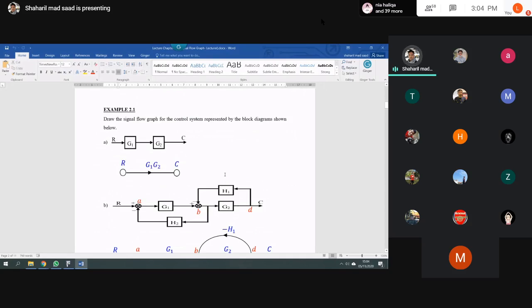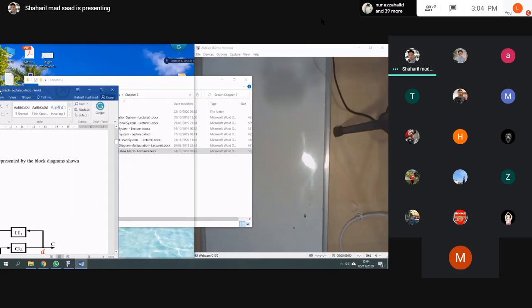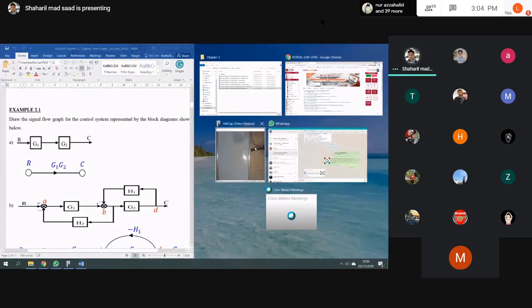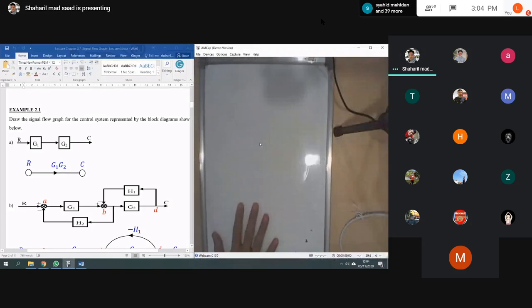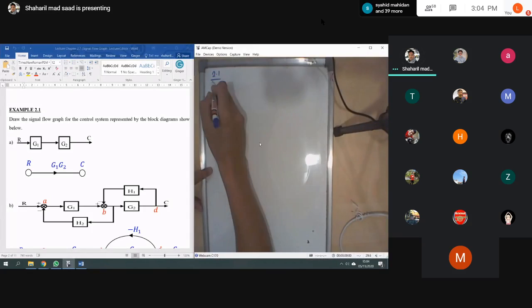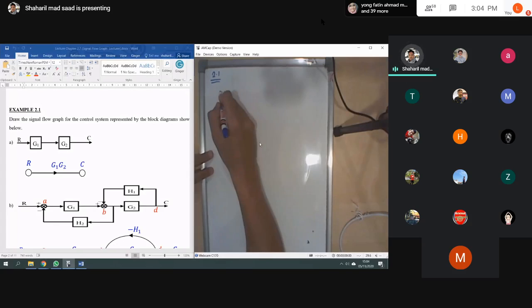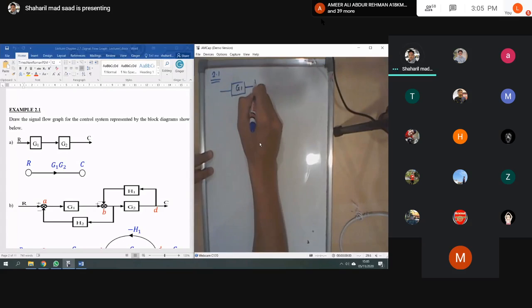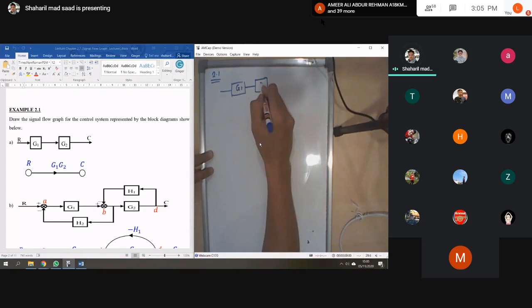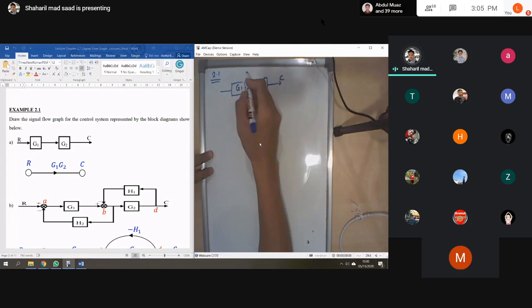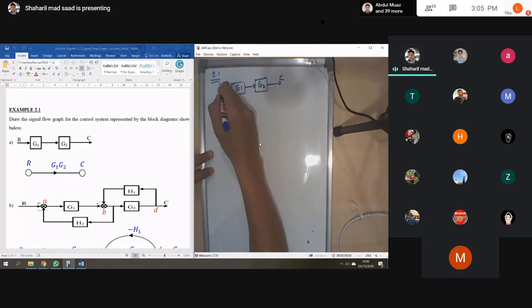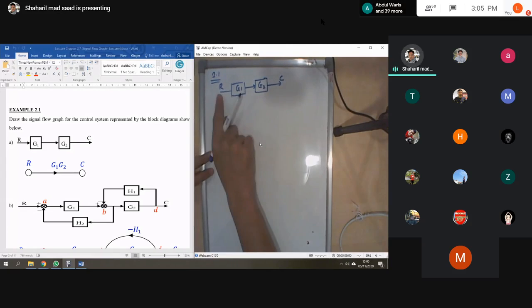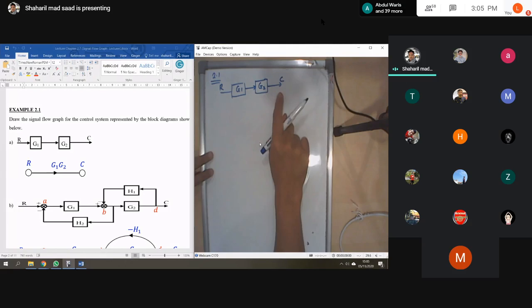So example 2.1. I need to draw. Now you have this block diagram with G1 and G2 and also C and R. The input is R and the output is C. So how to draw it?